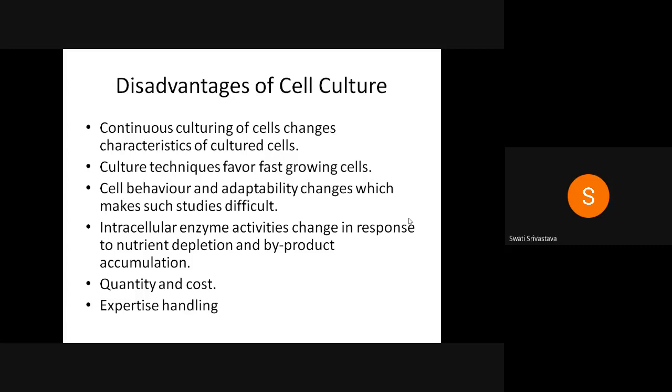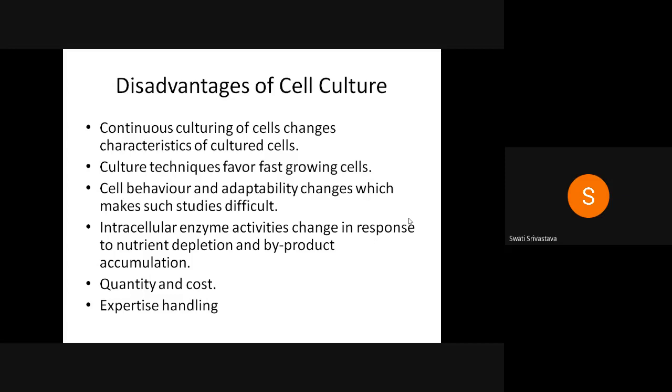The cells try to adapt themselves according to the changed system, and in that process of adaptation, they keep on evolving. That means after a few generations, after a few passages or subculturing steps, the cells that you get will be very different from the cells that you had originally taken from the living subject.